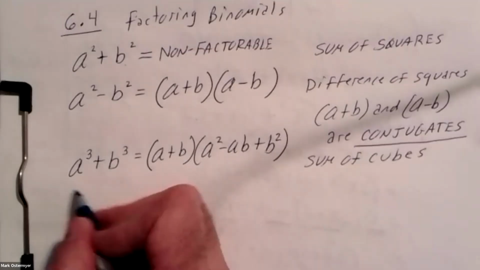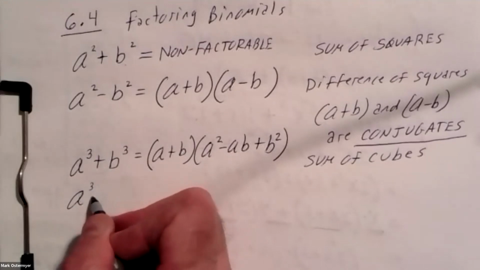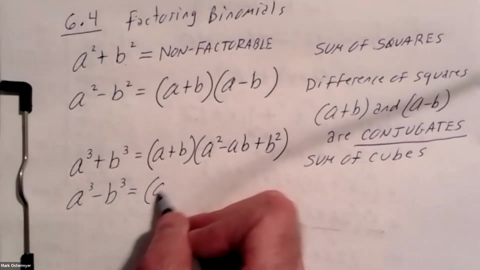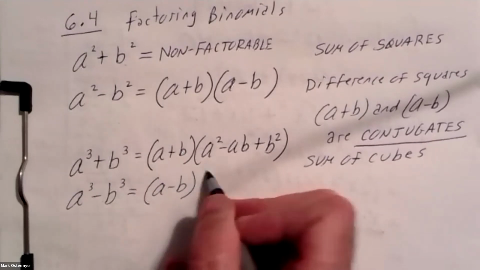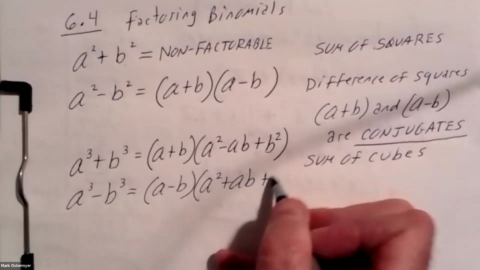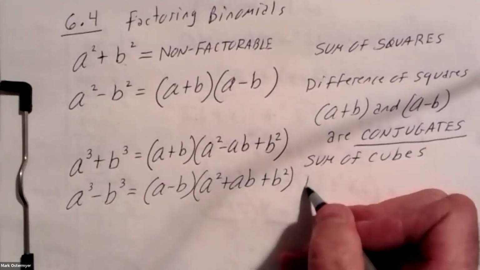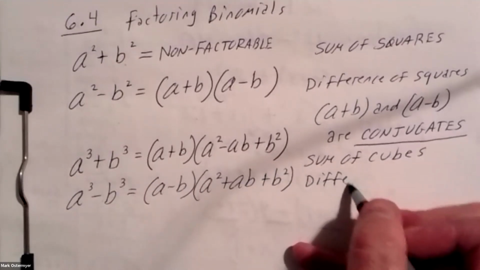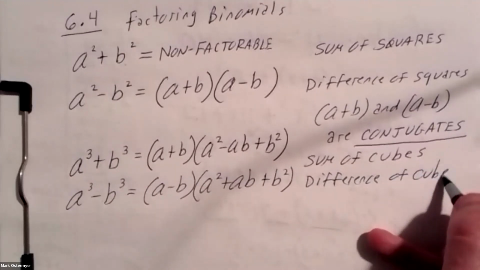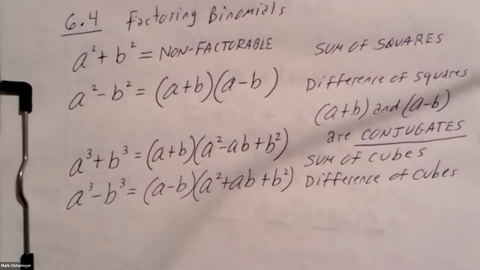All right, then we run into what's called the difference between cubes. And this would factor in a similar way, a minus b times a squared plus ab plus b squared. This is called the difference of cubes, excuse me, cubes. So these are the main types that we're going to be confronted with in section 6.4.